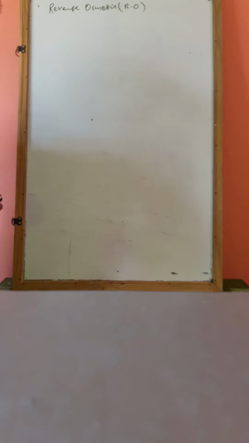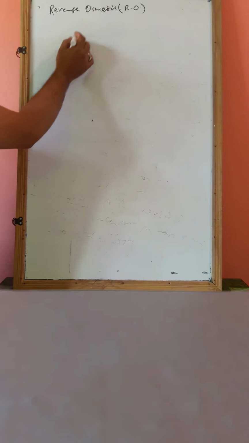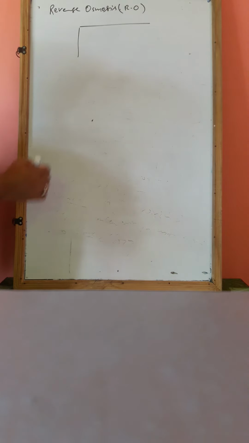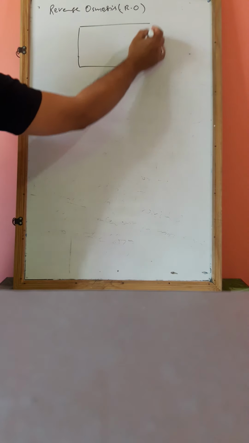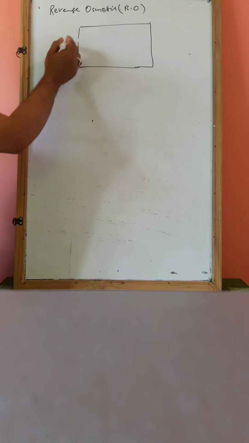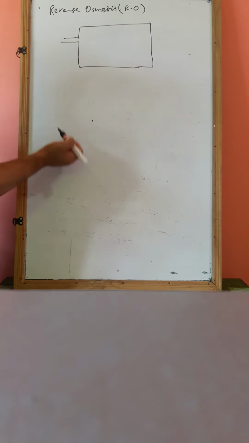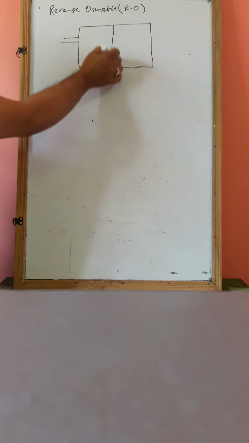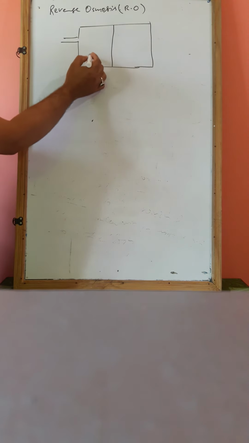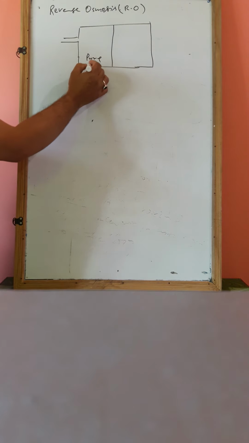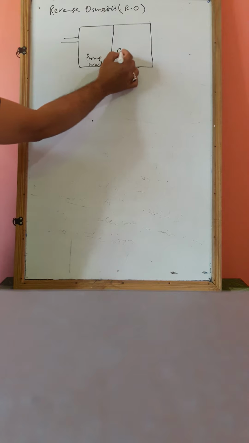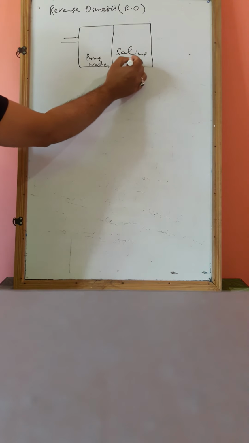To understand reverse osmosis, we can draw a plot. Here is one chamber, and here is pure water, and here is saline water.